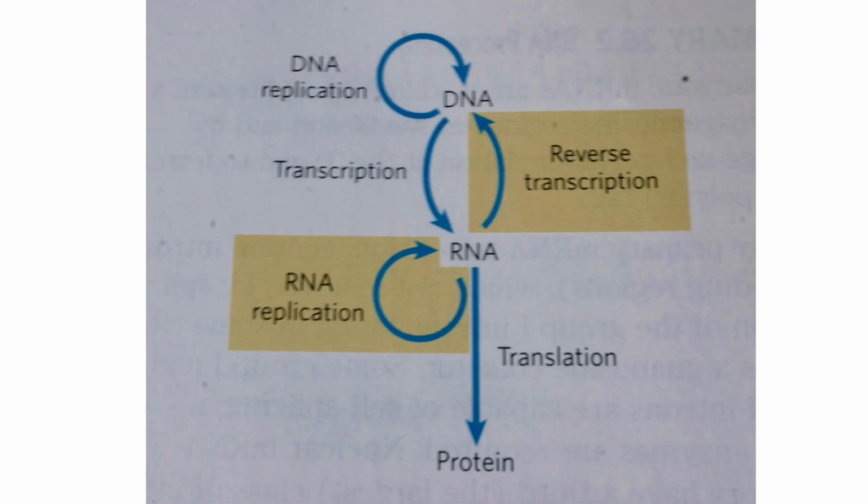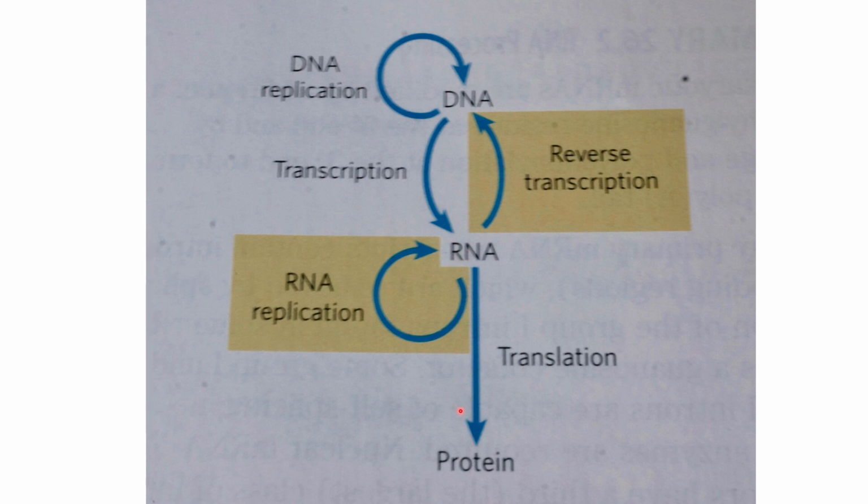So when we look at DNA replication, we can produce more DNA. We can transcribe DNA to RNA, messenger RNA specifically. Reverse transcription gets RNA back to DNA. This is seen in viruses. In many of them, their RNA viruses function through the DNA reverse transcription.